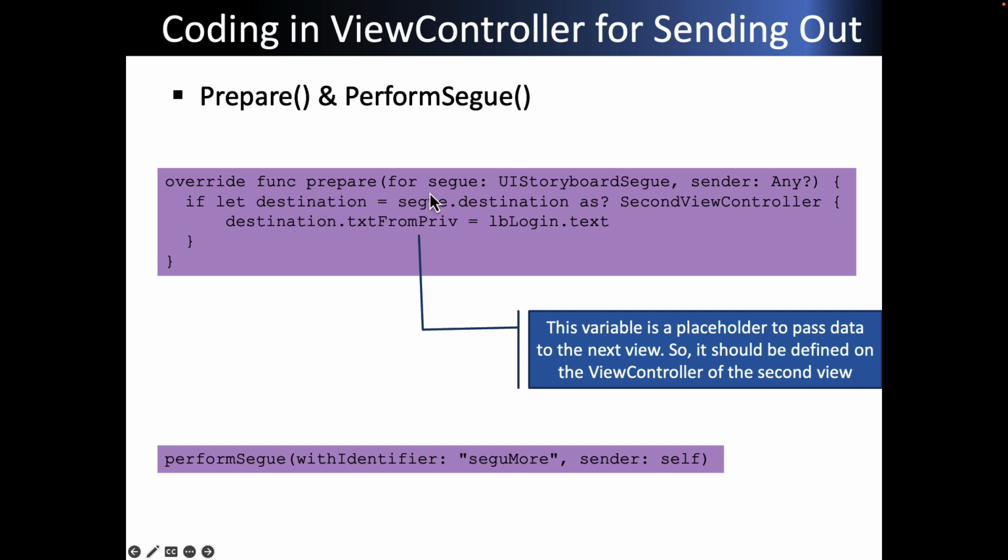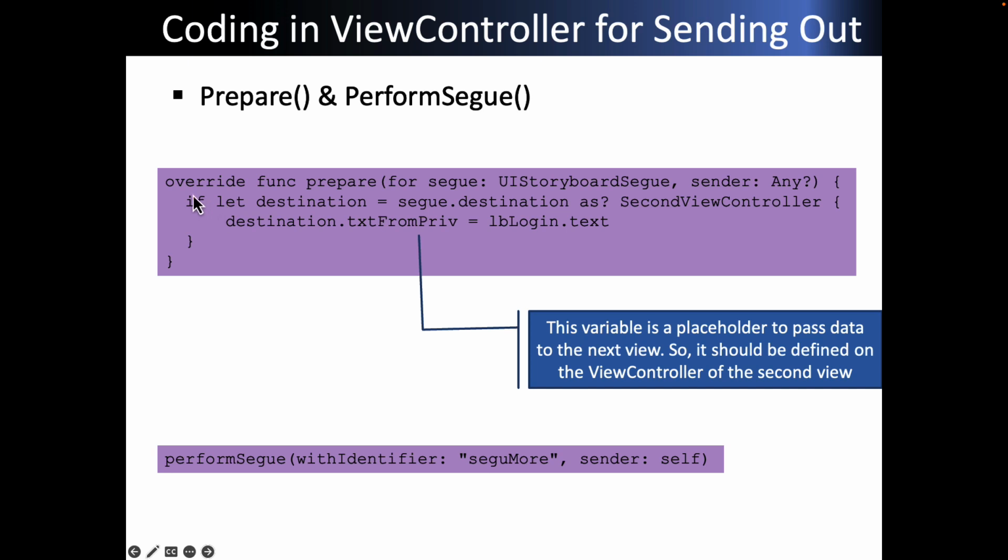The whole right hand side will be assigned to the left hand variable. This is a local variable, so-called destination. Destination, if it is assigned successfully, is a let, which means constant; var means variable.